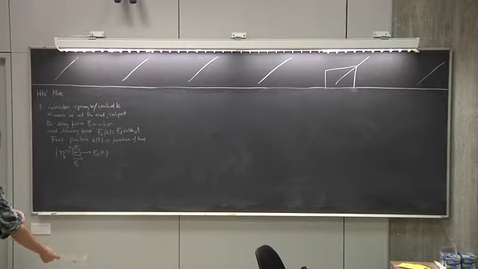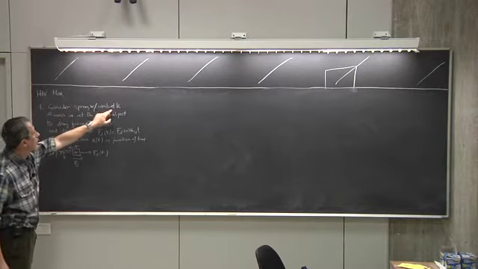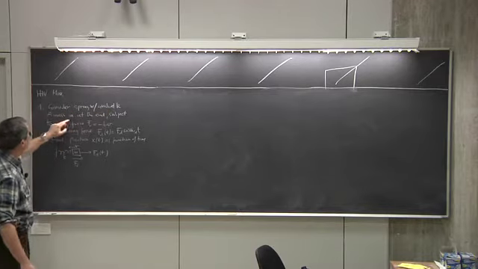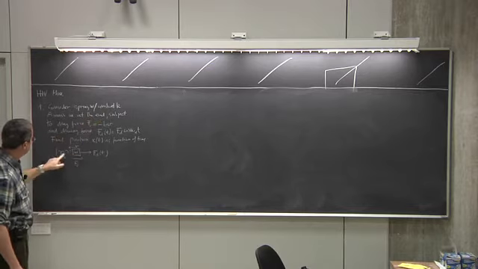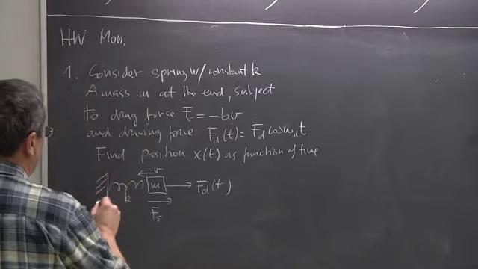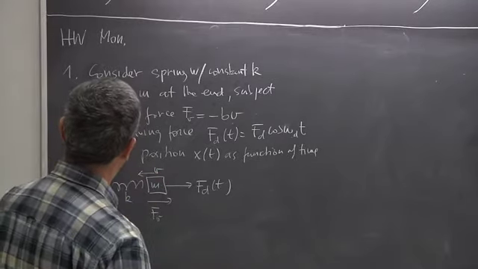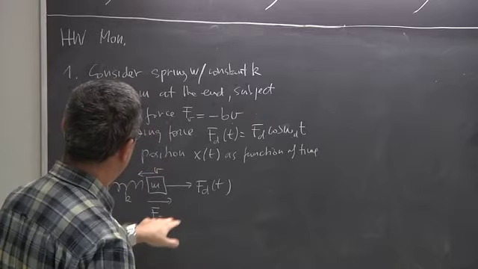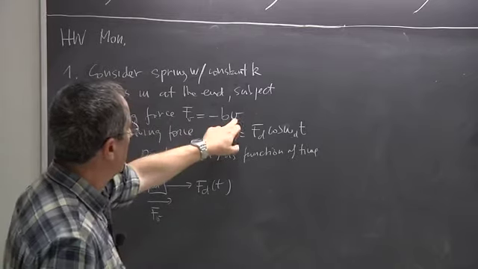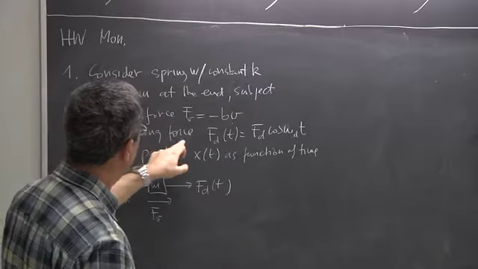So for next Monday, consider a spring with a spring constant K and a mass M at the end. This is the spring, and this is a side wall. The mass is subject to a drag force, Fv, proportional to minus the velocity, and a periodic driving force, Fd.